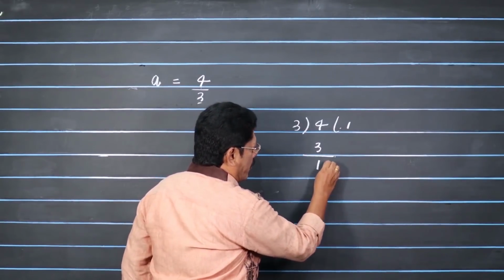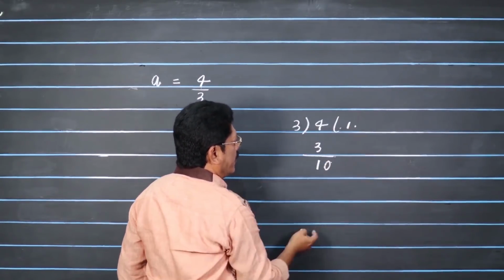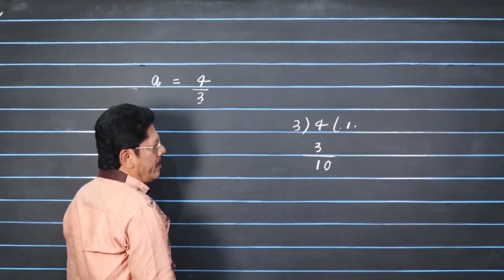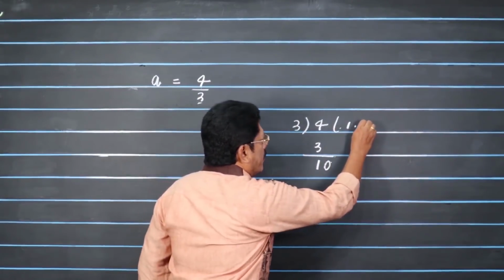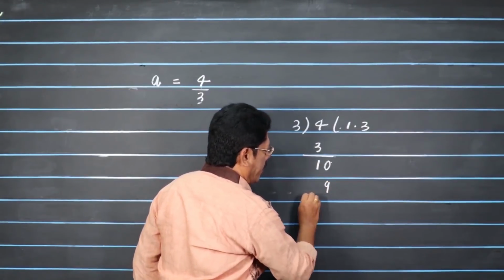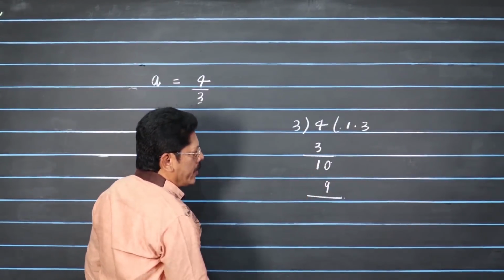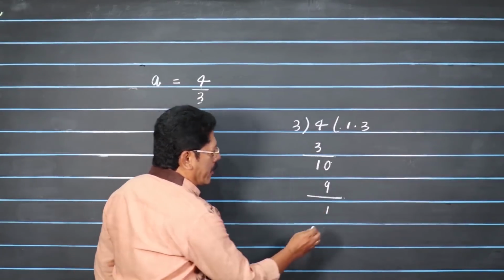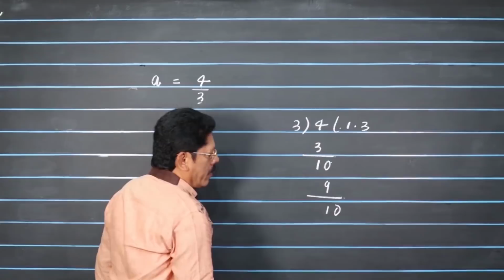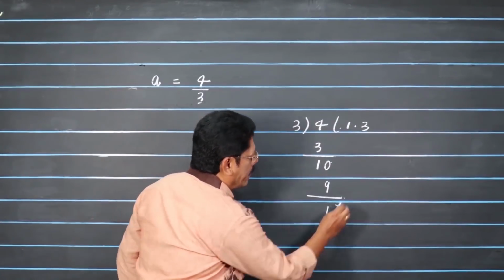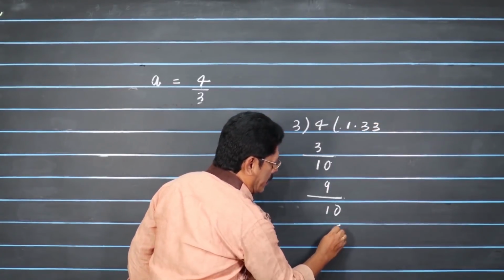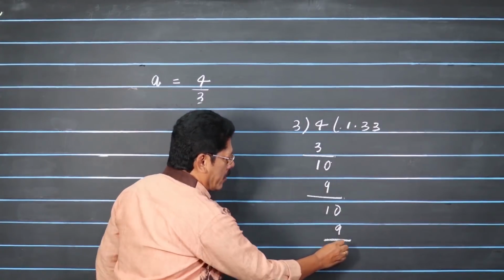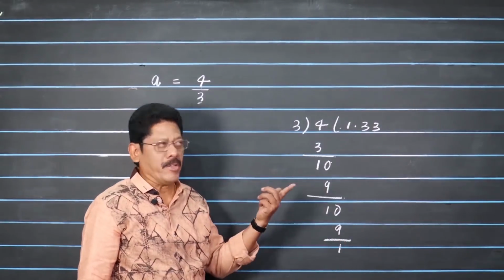Introducing a 0 and a decimal point, 3 will go into 10 3 times, which is 9. So 10 take away 9 will give you 1. Similarly, introducing yet another 0, 3 will go into 10 3 times, and this will be continuous.